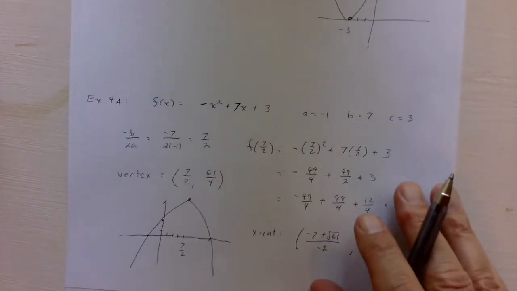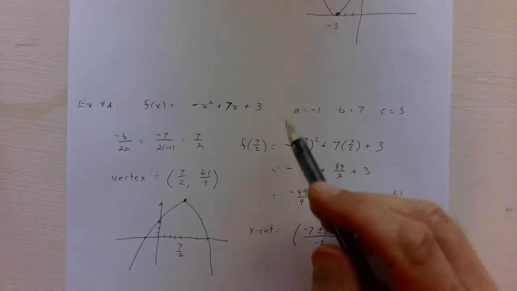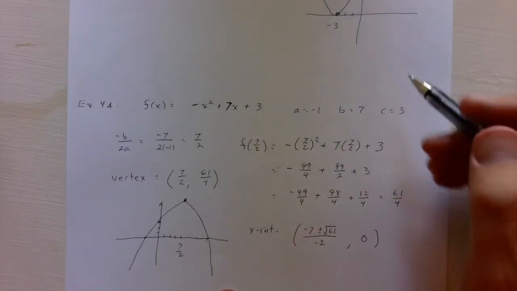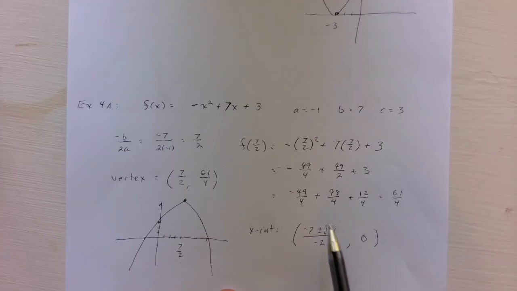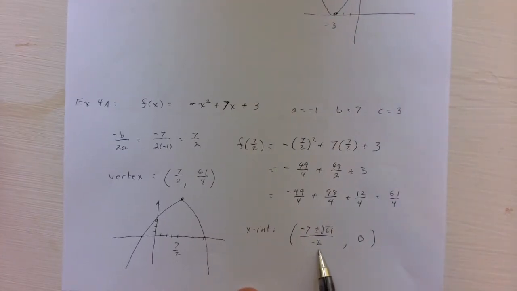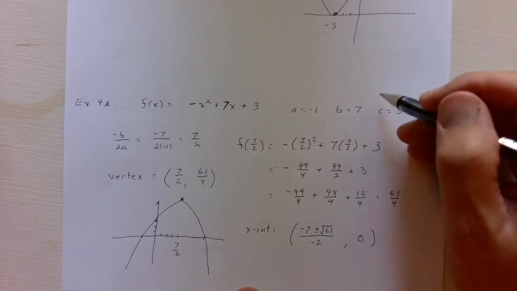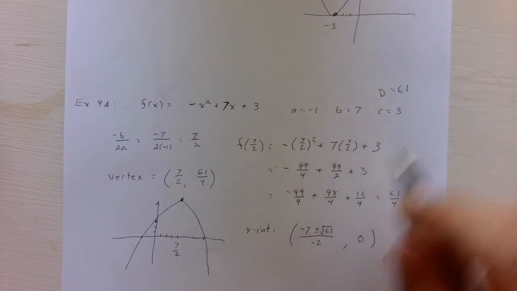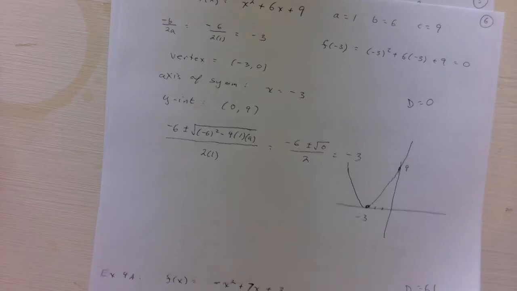And in the last example, we wanted to figure out the discriminant. When we plugged everything in, we got 61. So in this case, the discriminant was 61, and we get 2 x-intercepts.